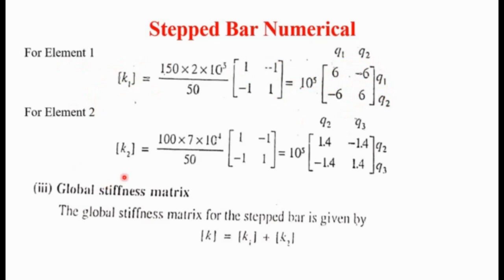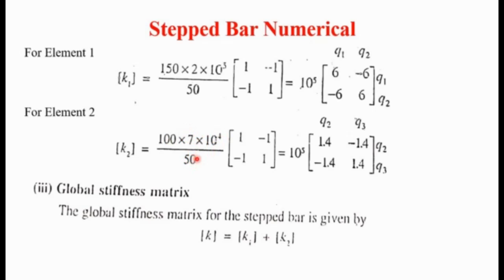Similarly, for the second element, K2 is equal to A2 E2 divided by L2 into [1 -1; -1 1]. A2, the cross-sectional area of the second element, is given as 100. E2 is given as 70 gigapascal, which is converted into 7 into 10 raised to 4, divided by L2, which is 50.